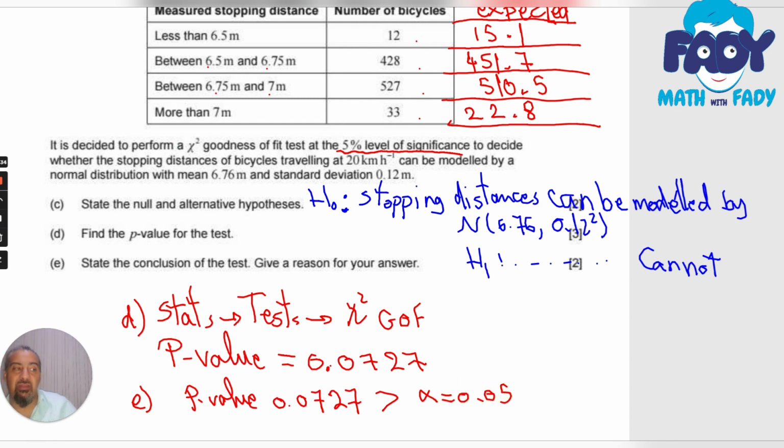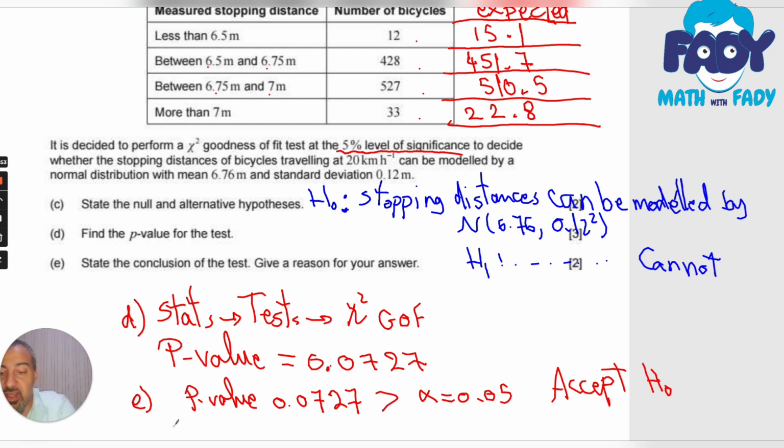So when p-value is more than alpha, we accept the null hypothesis. What is the null hypothesis? That the stopping distance can be modeled by this normal distribution.